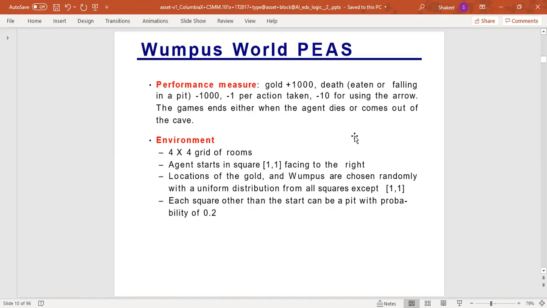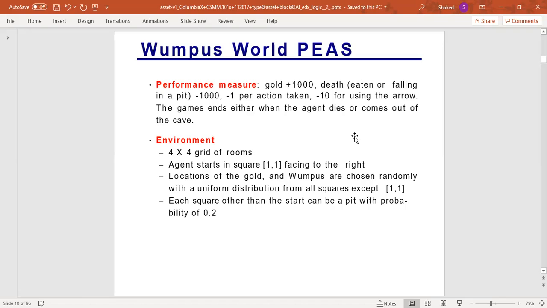We are going to subtract 1000 points if it is eaten or falls in a pit. We are going to subtract 1 point whenever the agent makes an action and minus 10 if the agent uses the arrow. The game ends either when the agent dies or comes out with the gold.